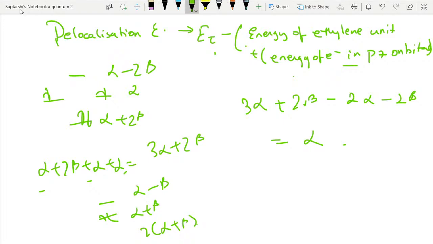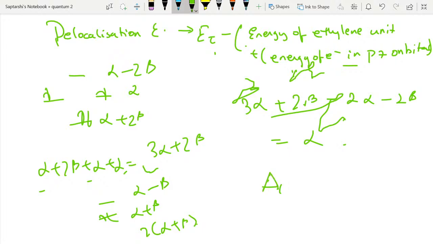And the energy of the electron in the pz orbital is only used if you have the cyclopropenium ion.